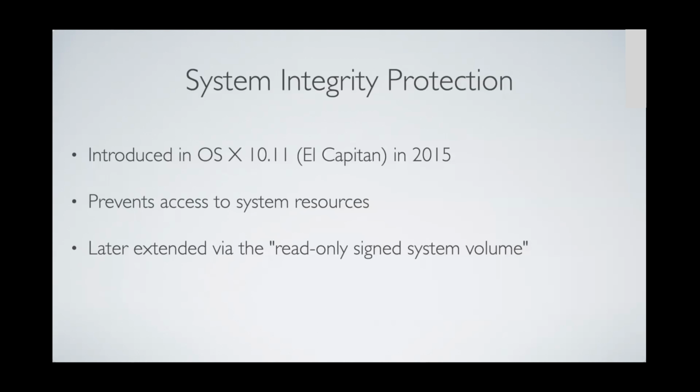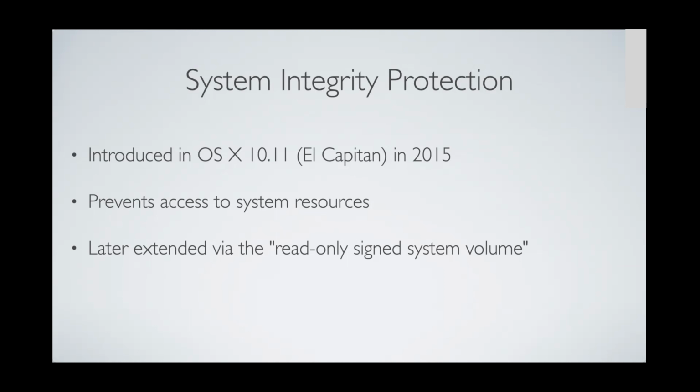System Integrity Protection, we tend to abbreviate this as SIP. It was introduced in 2015 in El Capitan. Basically, this protects all of your system files. Now, all of those system files are code signed, like the executables are code signed, so they shouldn't be able to be tampered with. But there are all kinds of other things, like little settings files that could be tampered with in malicious ways, shell scripts, all kinds of things that really can't be signed in the same way.